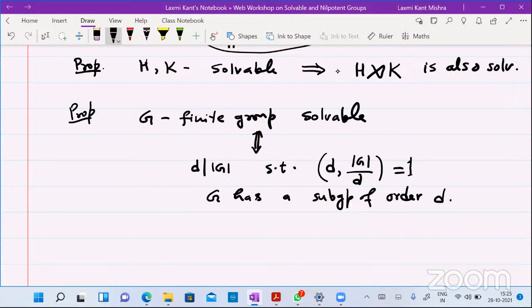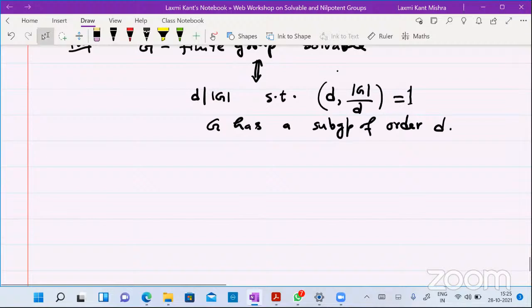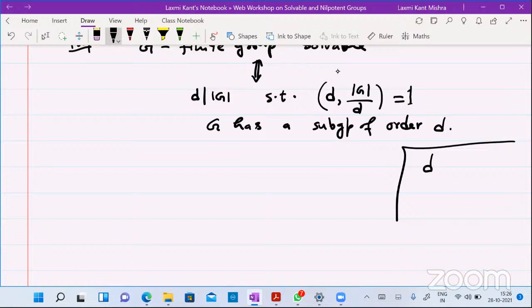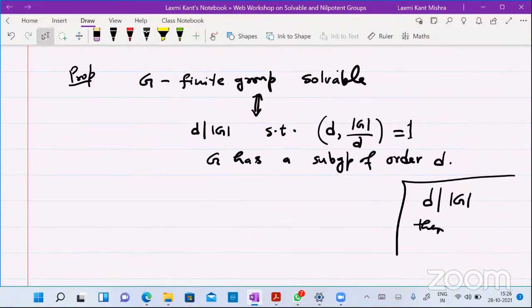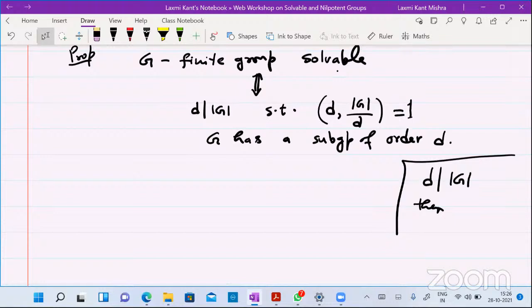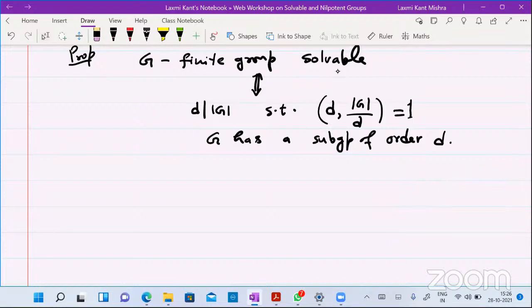You know what Lagrange theorem says: whenever D divides the order of the group where G is finite, then... sorry, it is somewhat another thing. It is not Lagrange theorem like thing. Lagrange theorem already holds in a group, so it is not that. I'm just telling one more thing, but forget it.